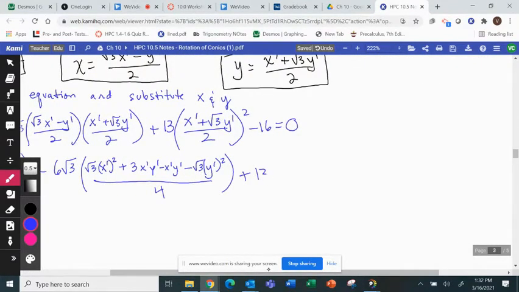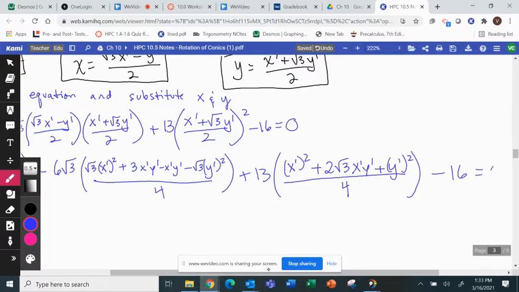Then I've got plus 13, and the top is squared, so I'm going to use that formula. So I'll get x prime squared plus 2 square root 3 x prime y prime plus y prime squared over 4, minus 16 equals 0.